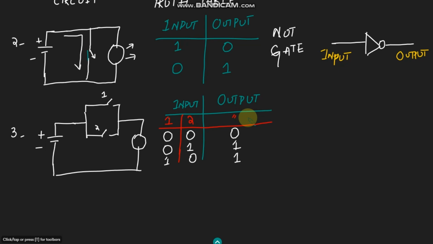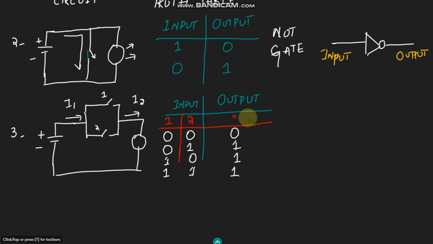Okay, and at last, if the two are in on condition here, the current entering here and the current leaving here will be equivalent. Okay, so therefore when the two are on, the output will also be on.